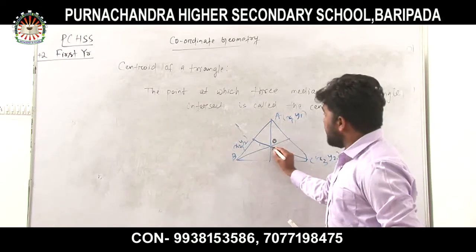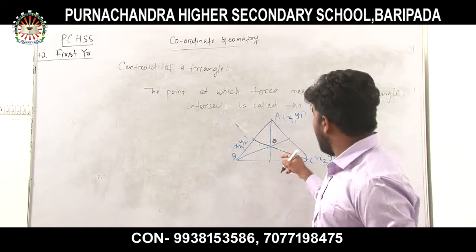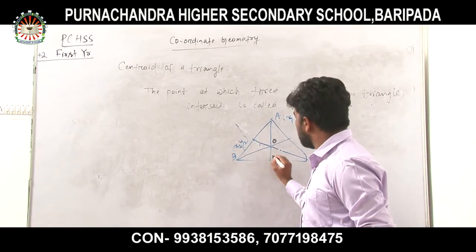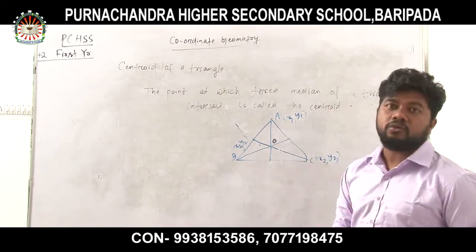Now, the property of the centroid is that the centroid always divides the median in the ratio 2:1.